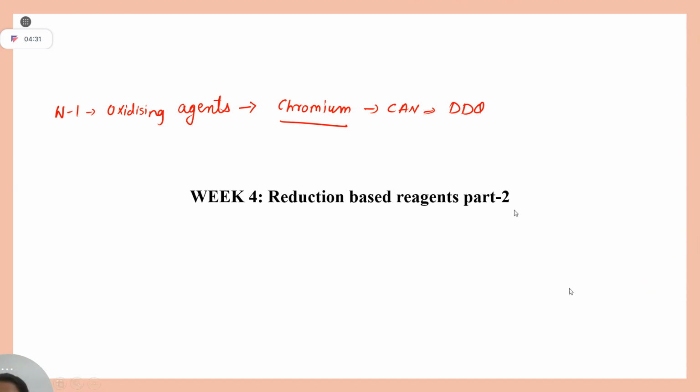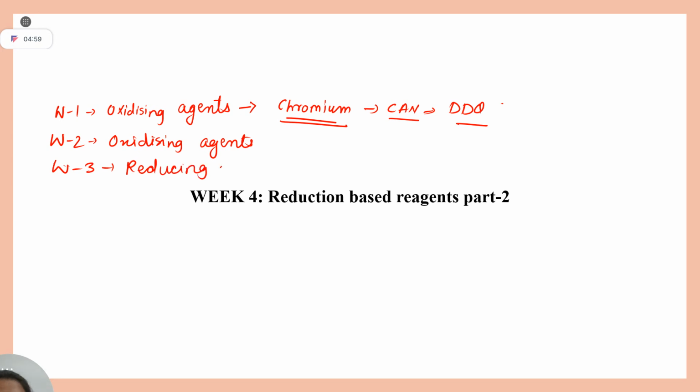Okay. So what I was saying, in week 1 we have covered oxidizing agents based on chromium, CAN, DDQ. And in week 2, which type of oxidizing agents have we covered? And in week 3 we have covered reducing agents, right?